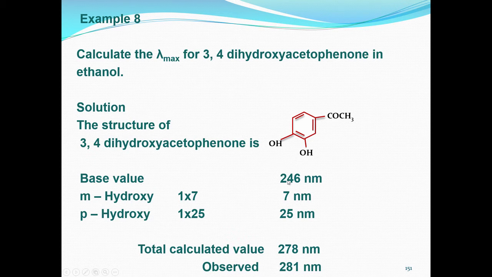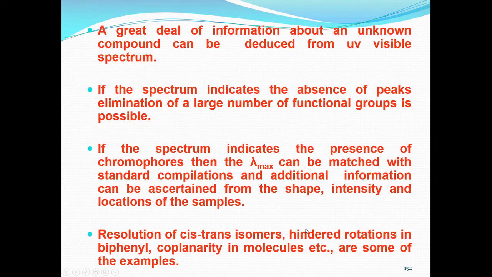So, base value is again 246, meta hydroxy is approximately 7, and para hydroxy is 25, calculated is 278 and observed is 281 nanometer. Beautiful, is it not? This is the speciality of the Woodward-Fieser rules. This I had already covered in the last class.